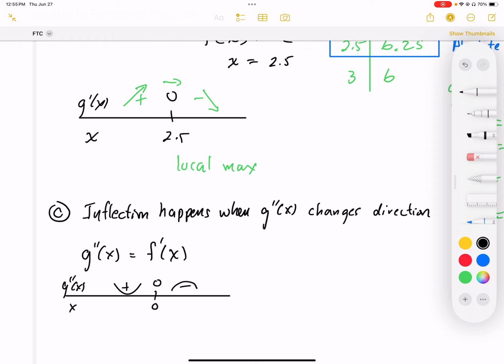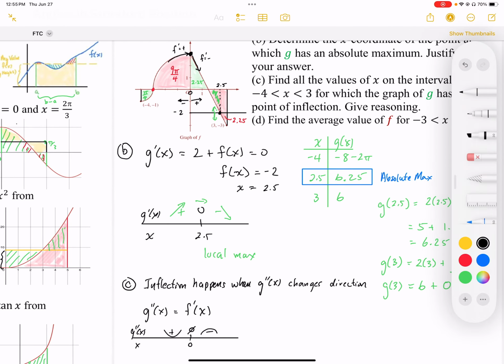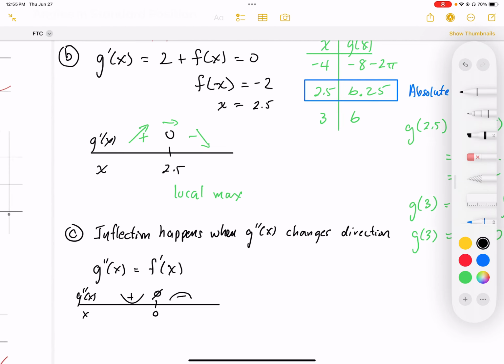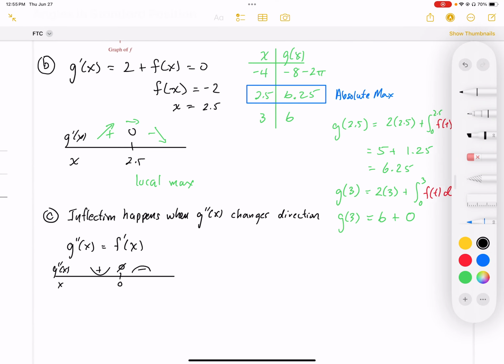So at that point, although that point doesn't actually have a derivative, because f prime is not defined at that point of 0, we know that across that point there's a change of direction of the slope graph, which means that we have a change of concavity across that.